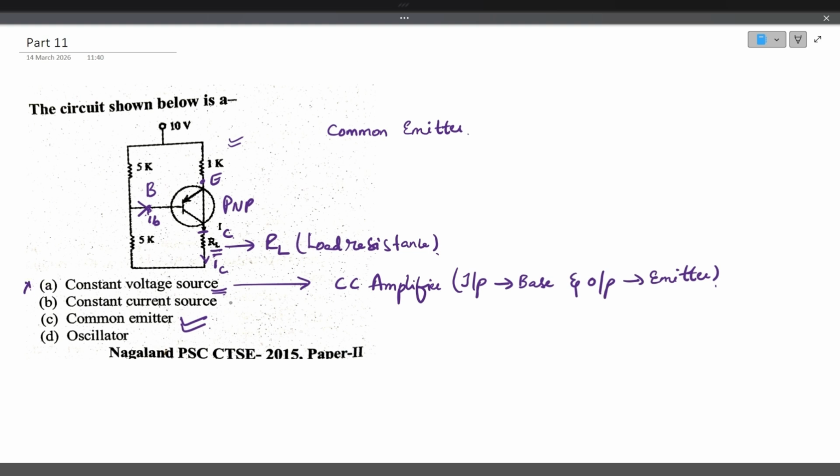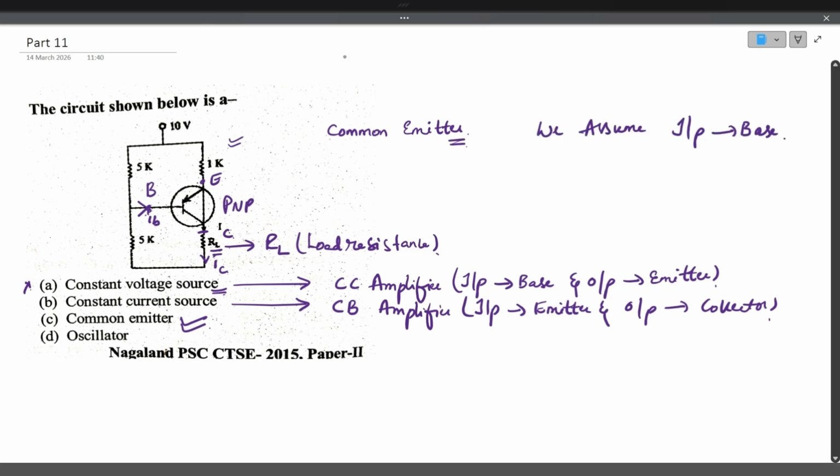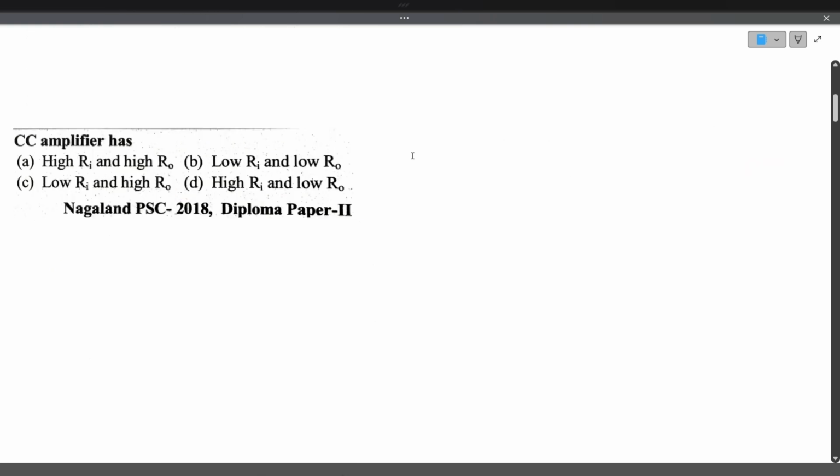Constant current source means it must be a CB amplifier, common base amplifier, whose input is given at the emitter and output is at the collector. So even that is not correct. So here in this case, this must be a common emitter. We'll see the next question.